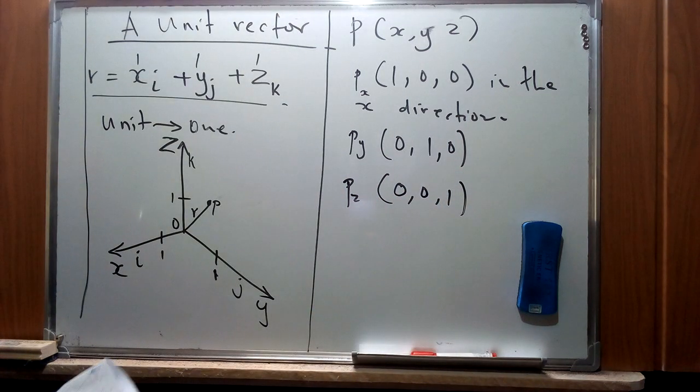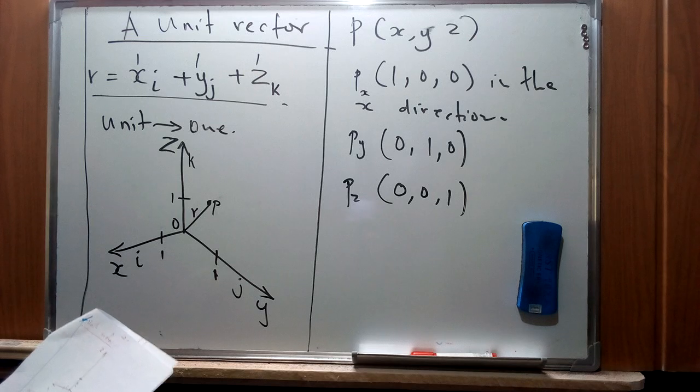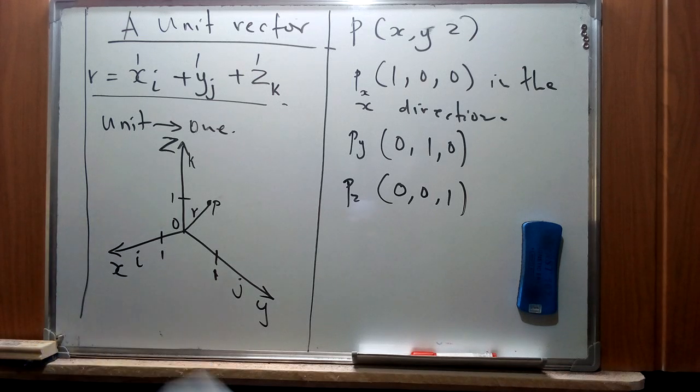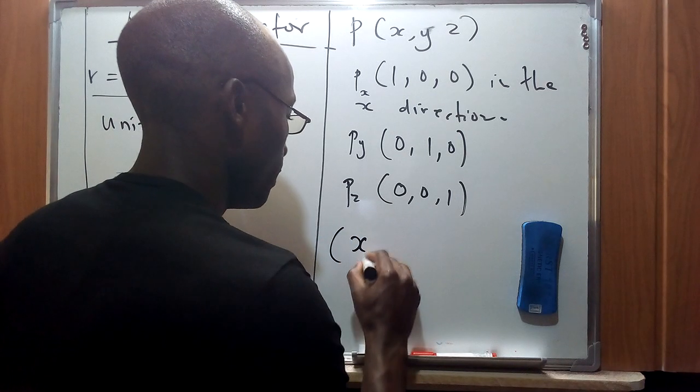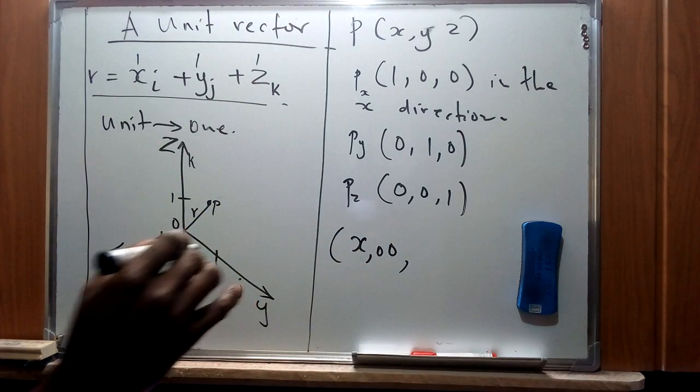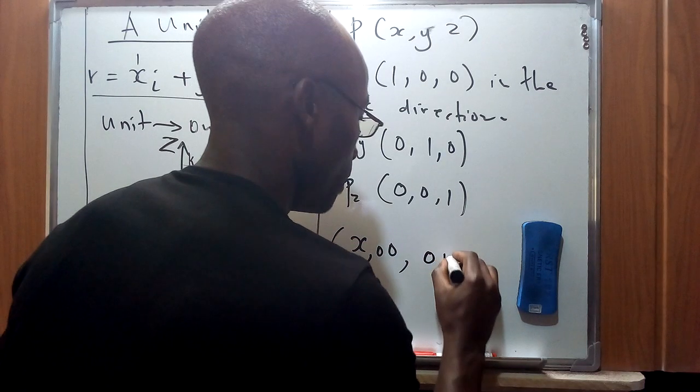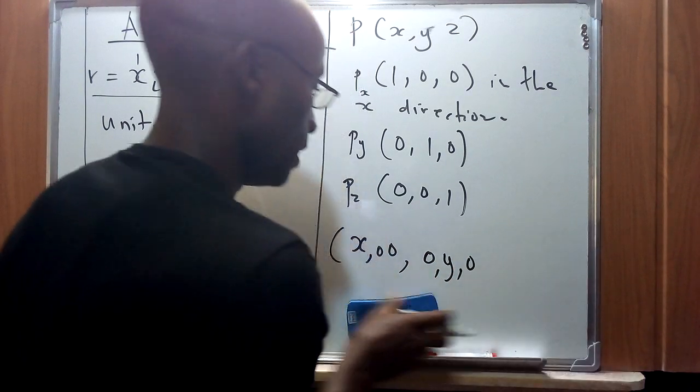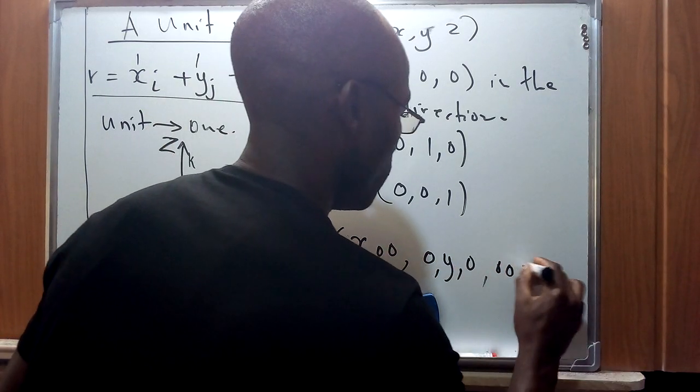If we look at these three different aspects, we can represent the general vector by using x, 0, 0. The second one is going to be 0, y, 0. And the last one is going to be 0, 0, z.